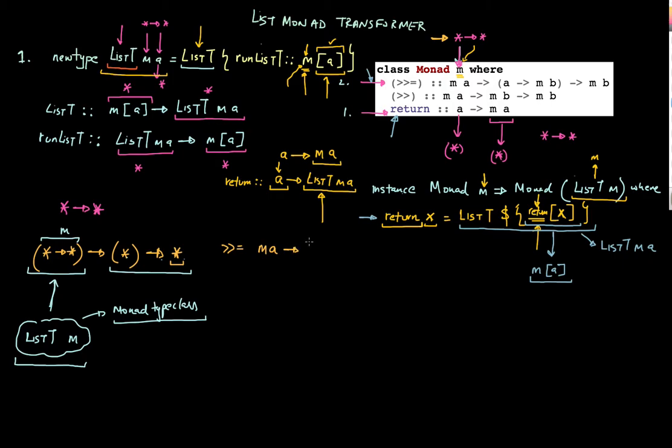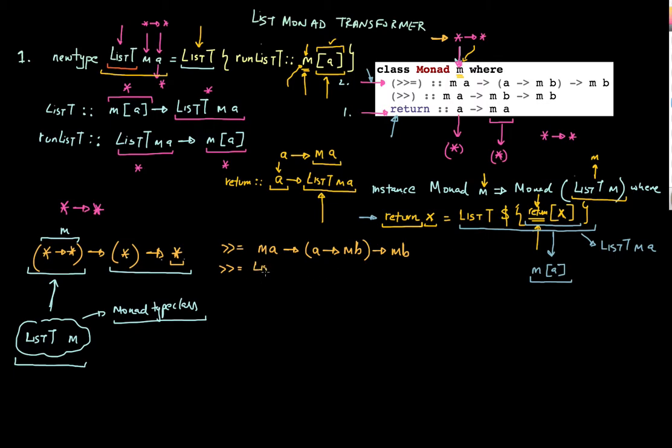The second parameter is a function that goes from a to another monadic value m b, and finally the output of the bind method is a monadic value m b. Again, I'm going to replace every single m here with list t m, because list t m is acting as an instance of the monads type class.